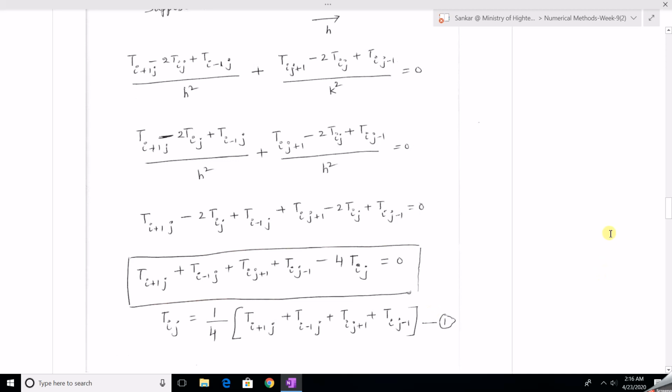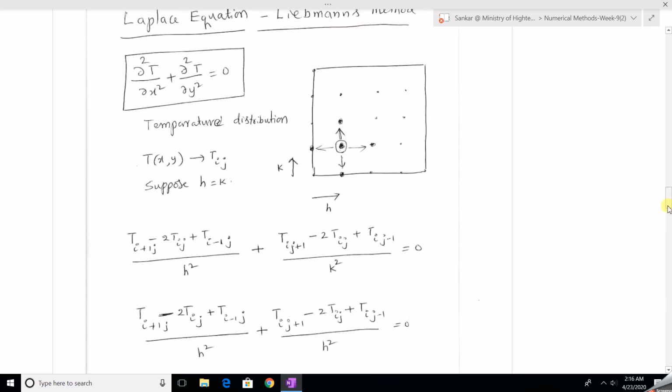So let me show here in this diagram. If you want the temperature here, Tij, we have to take the next point Ti+1,j and the previous point Ti-1,j, the above point Ti,j+1 and the below point Ti,j-1.